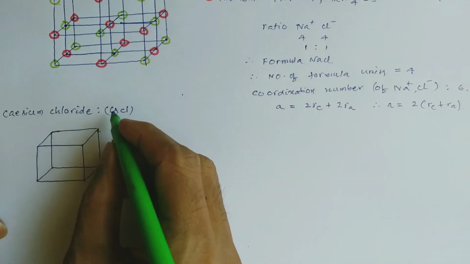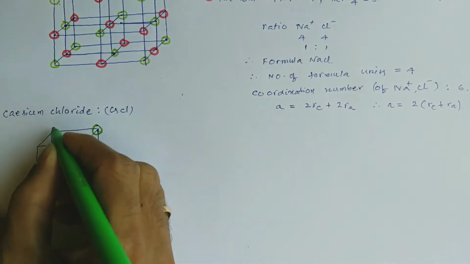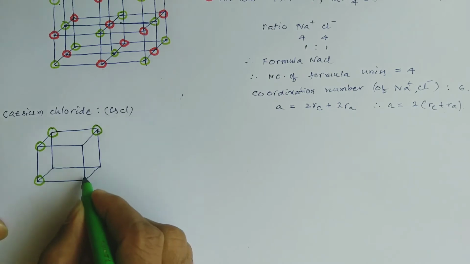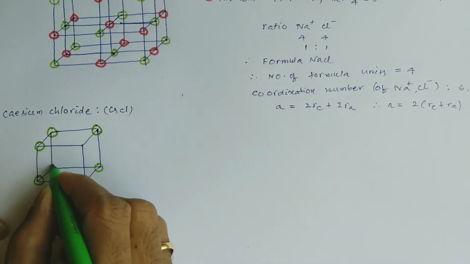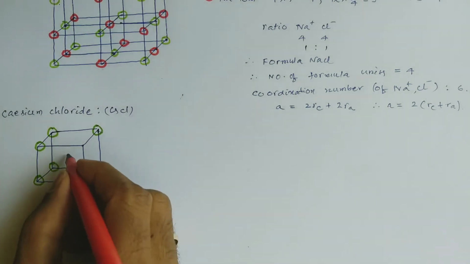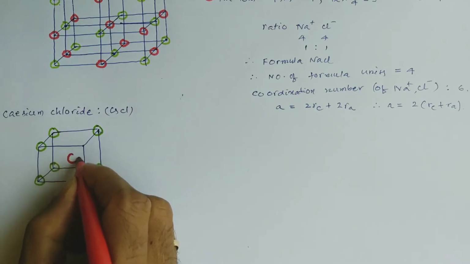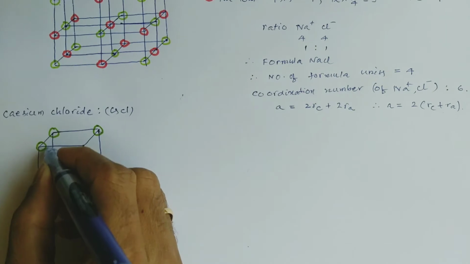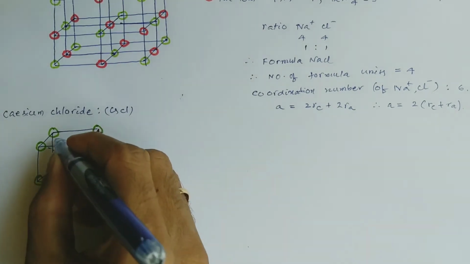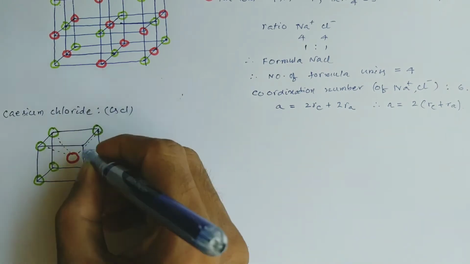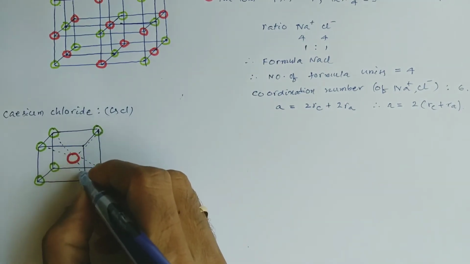Chloride ions occupy the corners. So there are 8 corners and cesium ion is present at the center. This is the cesium ion. So cesium ion is actually surrounded by 8 chloride ions like this.